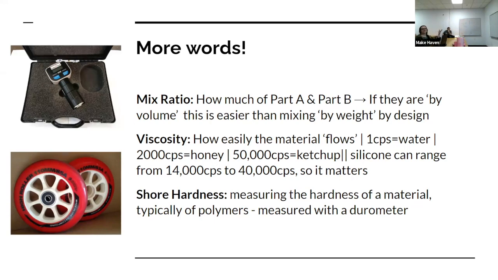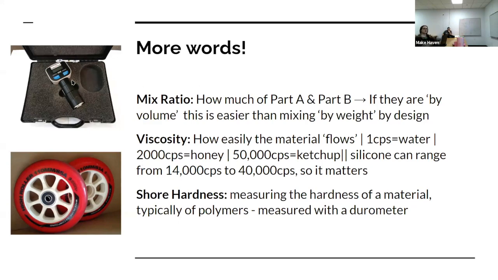Really, this is sort of a mental exercise. I don't remember what 14,000 centipoise is like, but when I look at it, I'm like, okay, it's like canola oil. And then I think, is that going to be runny enough to do what I need it to do? Think of it in real-world terms, because this is stuff people all use. The numbers may eventually start making sense to you, but I usually just use the example.